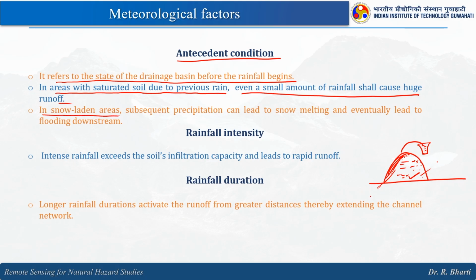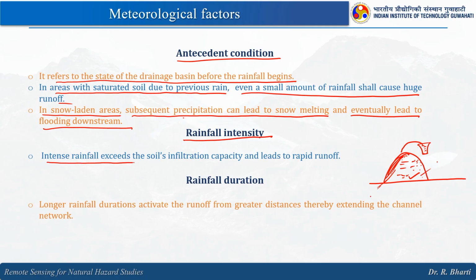In snow laden areas, subsequent precipitation can lead to snow melting and eventually lead to flooding downstream. So, this is very obvious. Then you have rainfall intensity. Intense rainfall exceeds the soil's infiltration capacity and leads to rapid runoff, because what will happen?